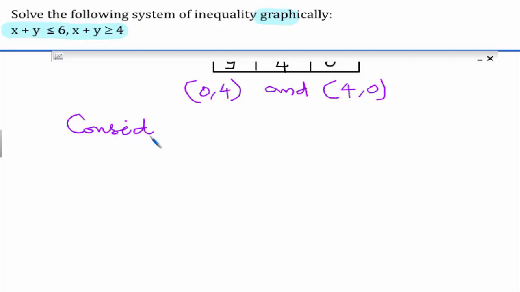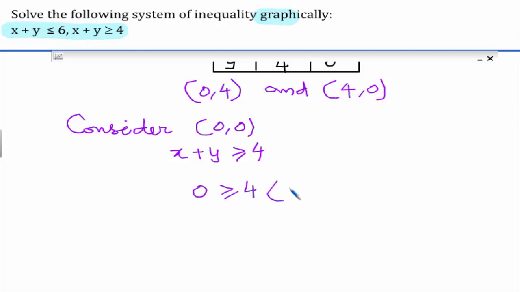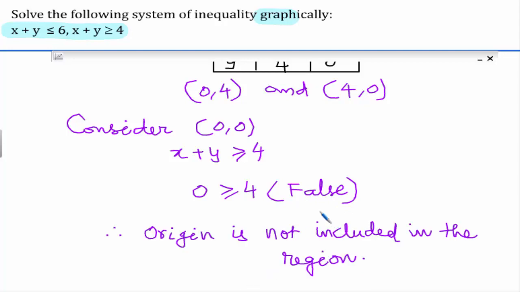Let us consider the point (0, 0) and take the inequality, which is x plus y greater than or equal to 4, and substitute the values into this. We get 0 greater than or equal to 4, which is a false statement. So that means the origin is not included in the region.